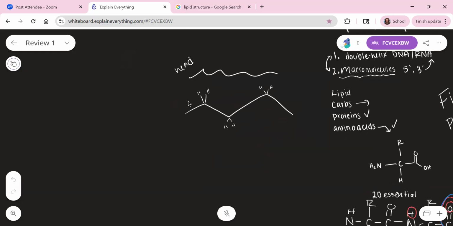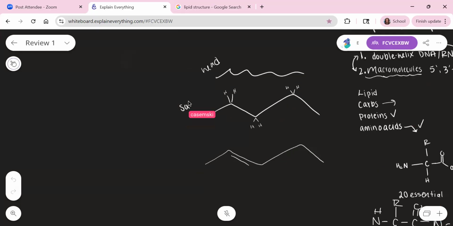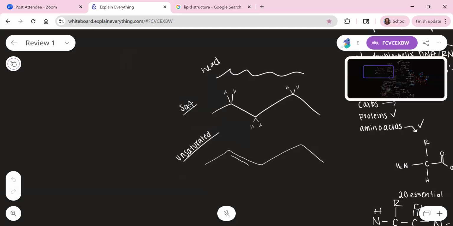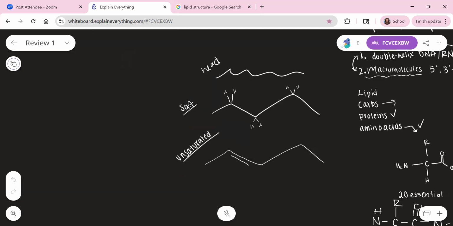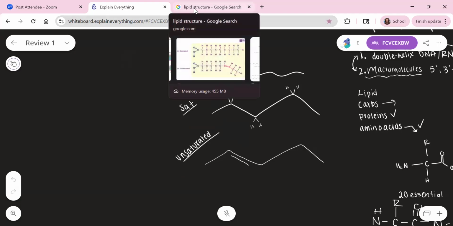And then when I have something with that kink, that's when we're gonna get a double bond and it becomes unsaturated. So this is saturated and this is unsaturated. And that's how you can tell the difference between the two. Does that make sense? That double bond just makes it unsaturated, because we go from two hydrogens on each to one.